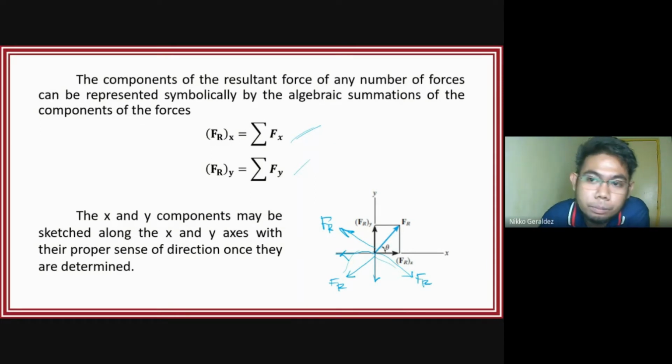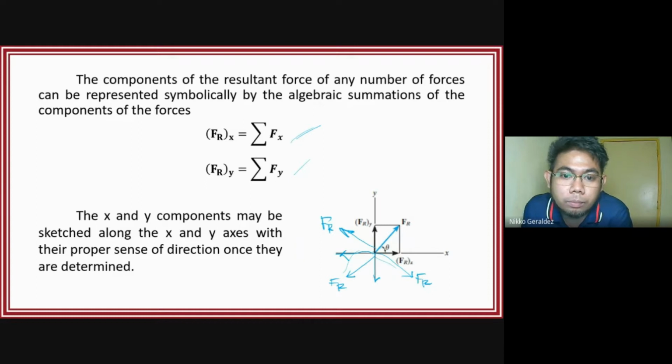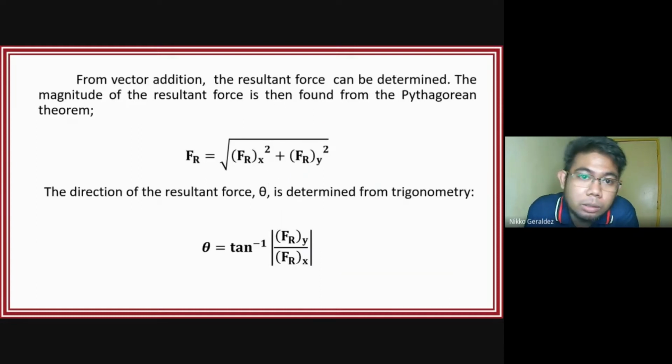From vector addition, the resultant force can be determined. The magnitude of the resultant force is then found from the Pythagorean theorem. Resultant force equals the square root of the x component squared plus y component squared.